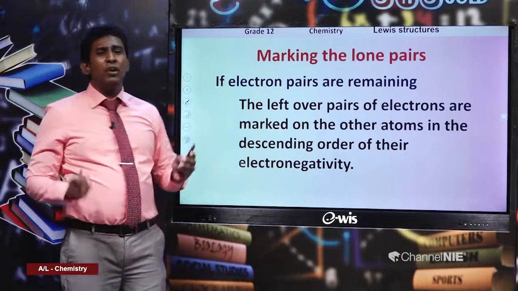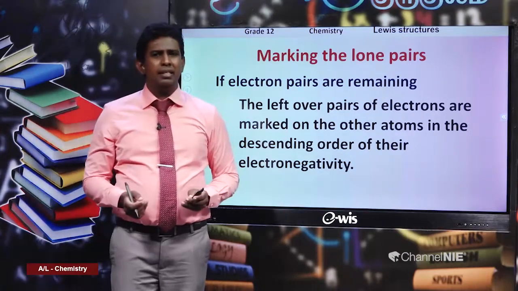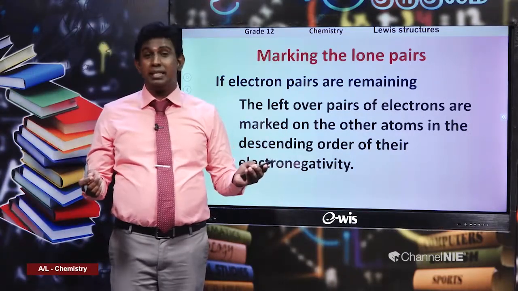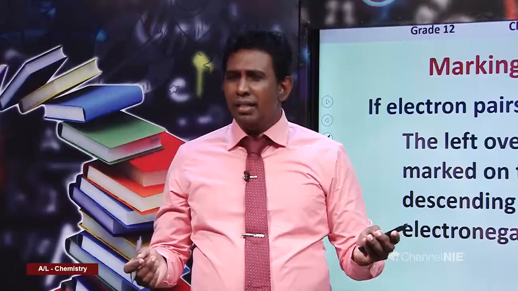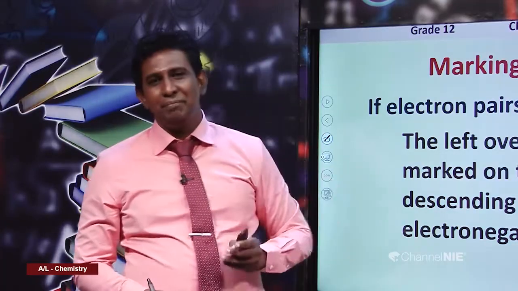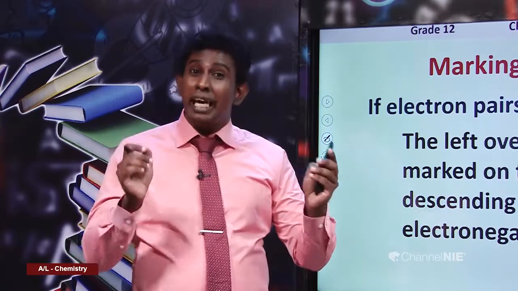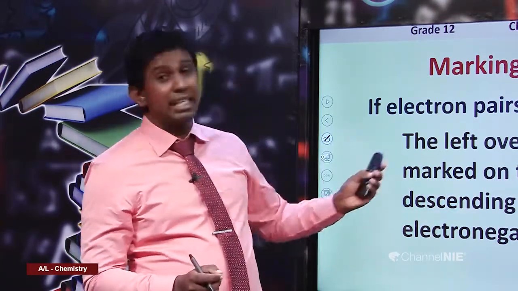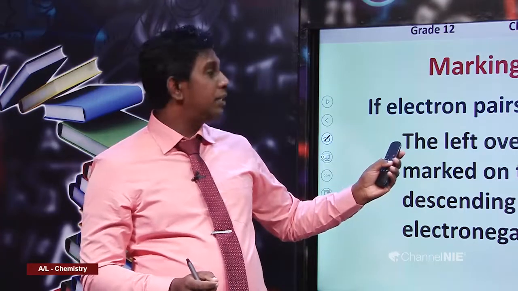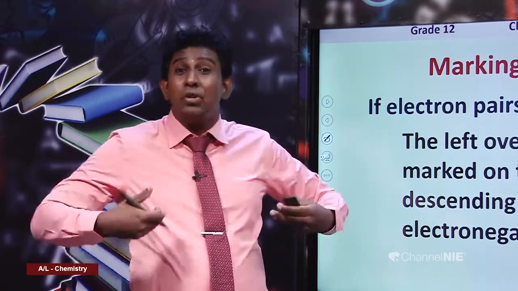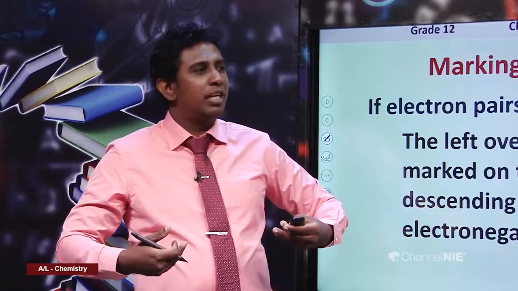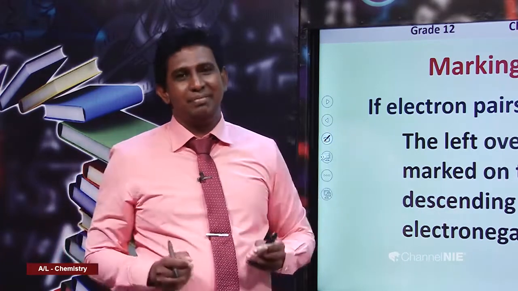Okay, that's what we need to do. You need to first take account of total electrons, then total pairs. Then you need to draw the skeleton. Then you need to keep those pairs on those atoms in the order of their electronegativities as you complete the octets there.